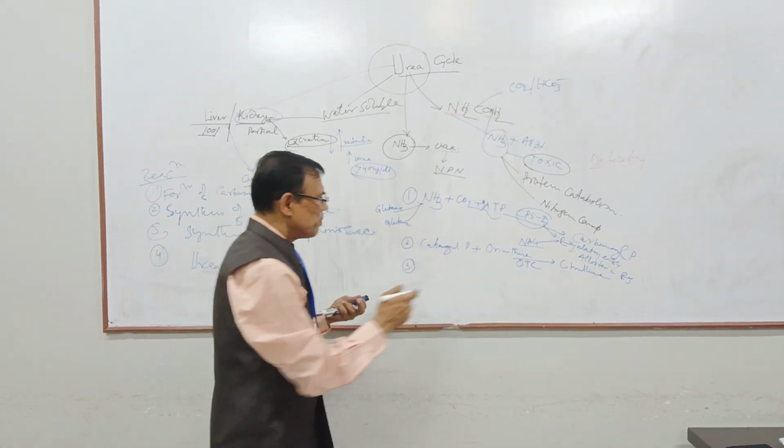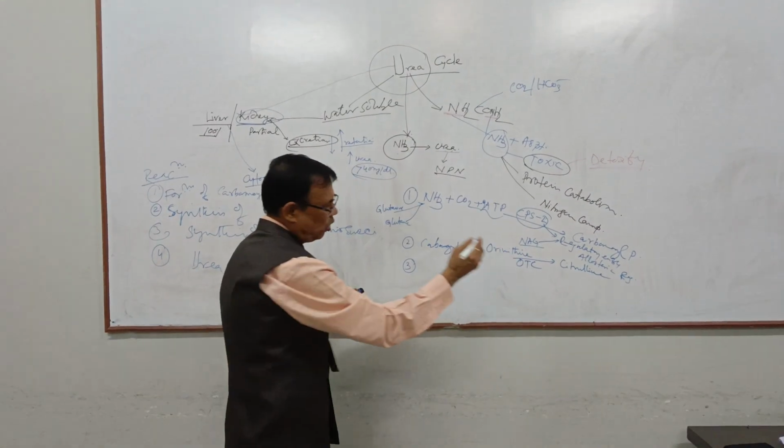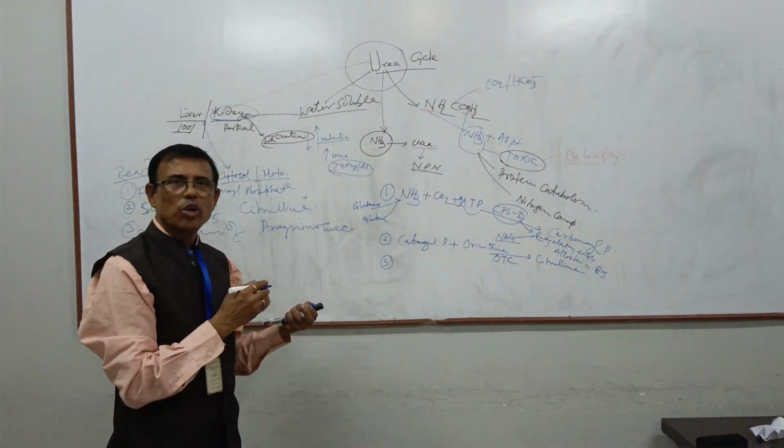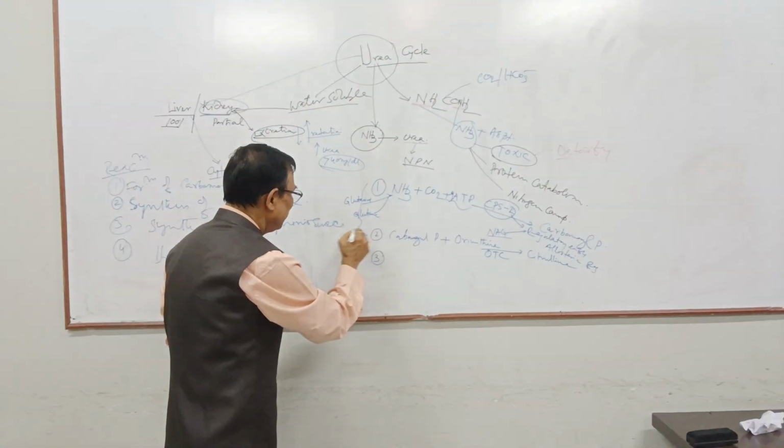Then citrulline comes out from the mitochondria. So these two reactions are mitochondrial reactions.